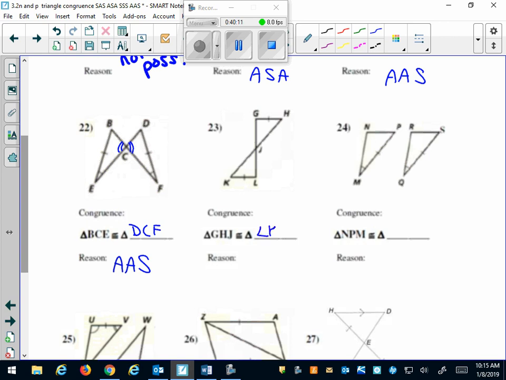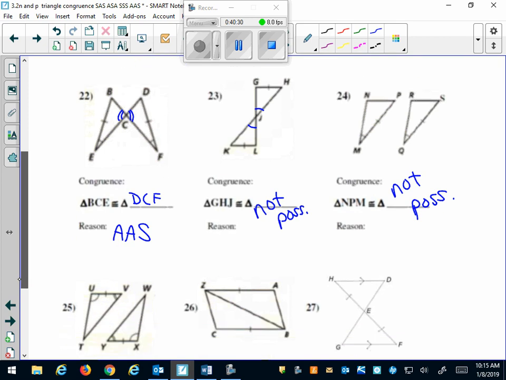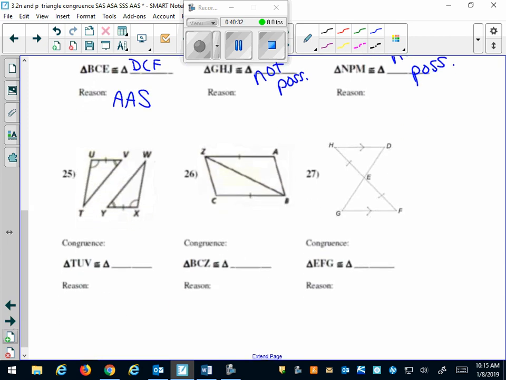This one should be, well, actually, we don't even need to do that because this is not enough information. You can mark the vertical angles, but it still doesn't give you enough. This one, we got nothing else to mark there, so that's not enough information. 25, they've already marked enough for us to give a reason here.